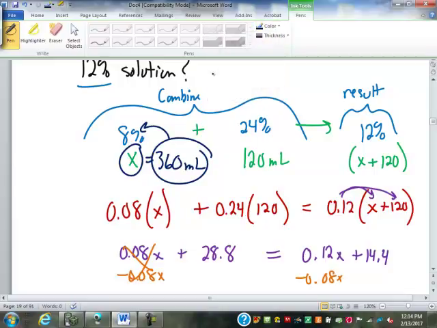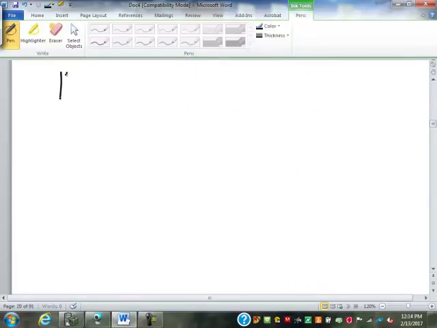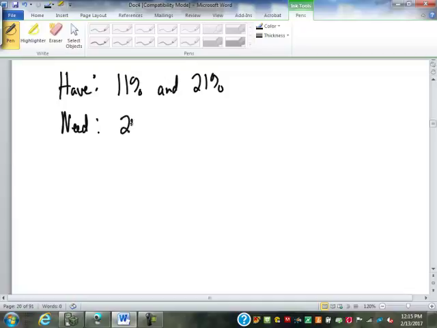So now I'm going to show you a variation that's slightly more difficult. Let's say we have 11% and 21% solution. We need 240 milliliters of 17% solution.